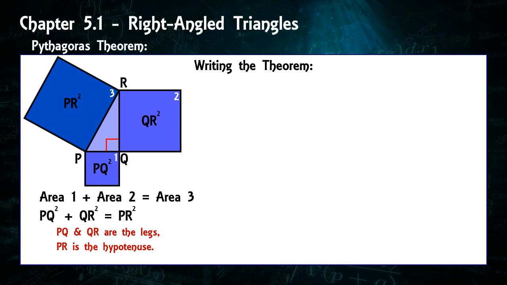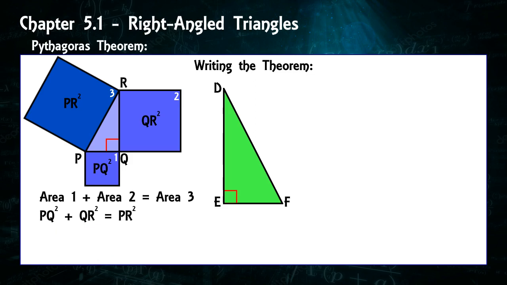Of course, we can do this without drawing extra squares. For triangle DEF with angle E equal to 90 degrees, the theorem is DE squared plus EF squared is equal to DF squared. And just so you know, if you were to switch DE squared and EF squared with each other, no problem.